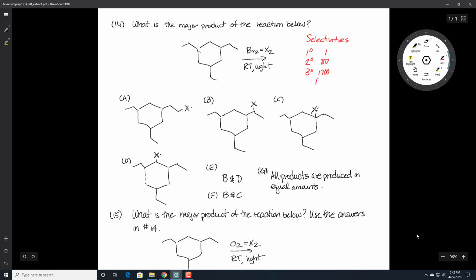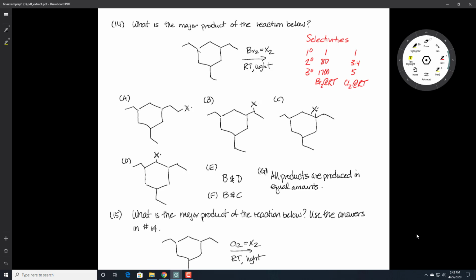That's for bromination at room temperature. And for chlorination at room temperature, it's 1 to 3.4 to 5. So those selectivities we're going to use to balance out the statistics of the reaction.